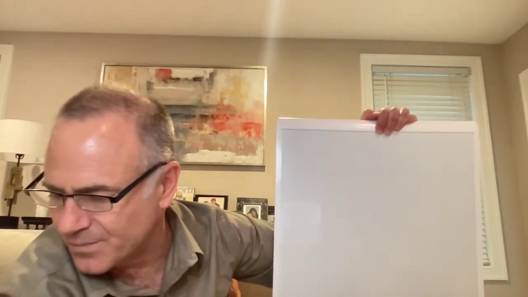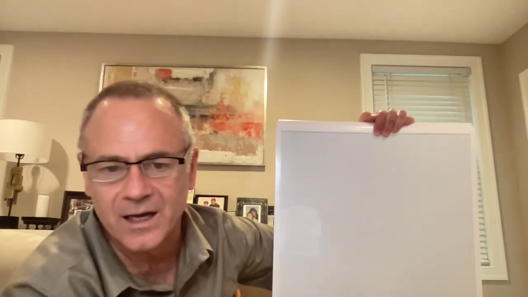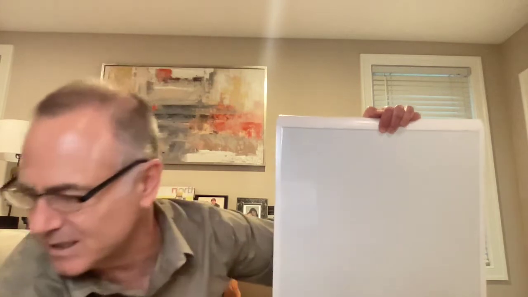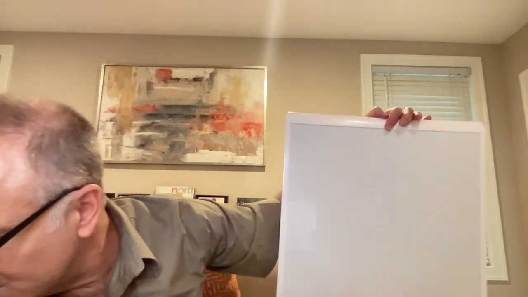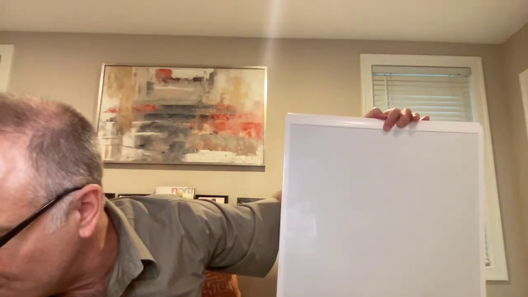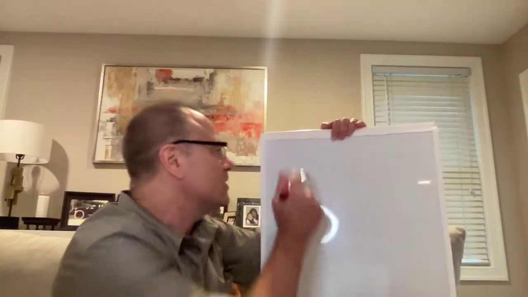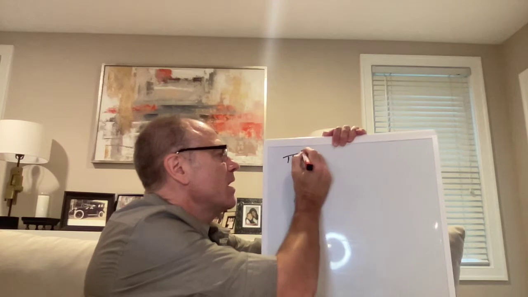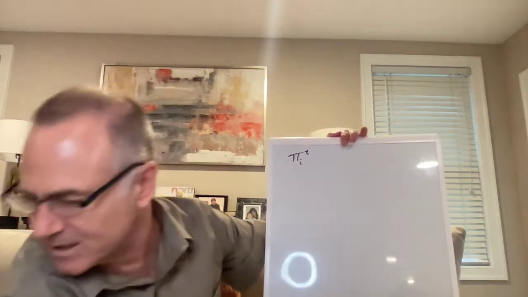And so Diermeier-Merlo created independent variables to try to test this. So I'm going to write pi sub i for observation t.